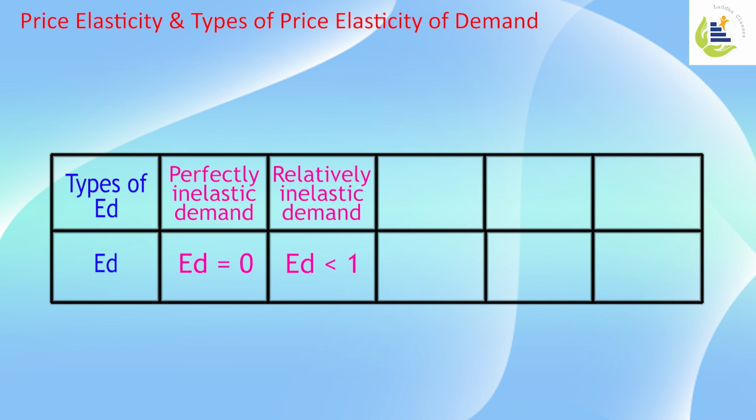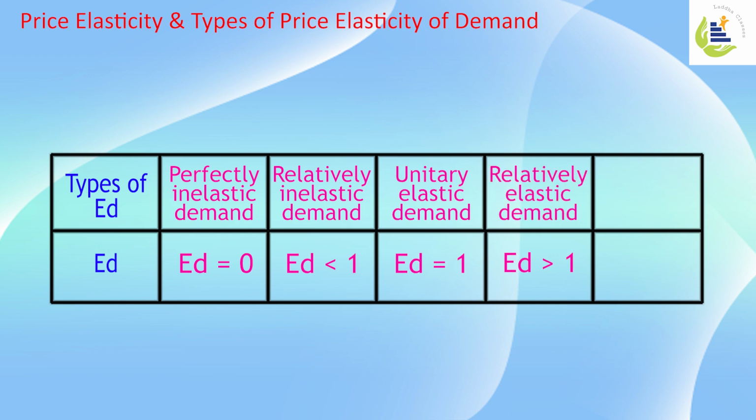When it is 1, we call it unitary elastic demand. When it is greater than 1, we call it relatively elastic demand. And when it is infinite, we call it perfectly elastic or infinitely elastic demand.